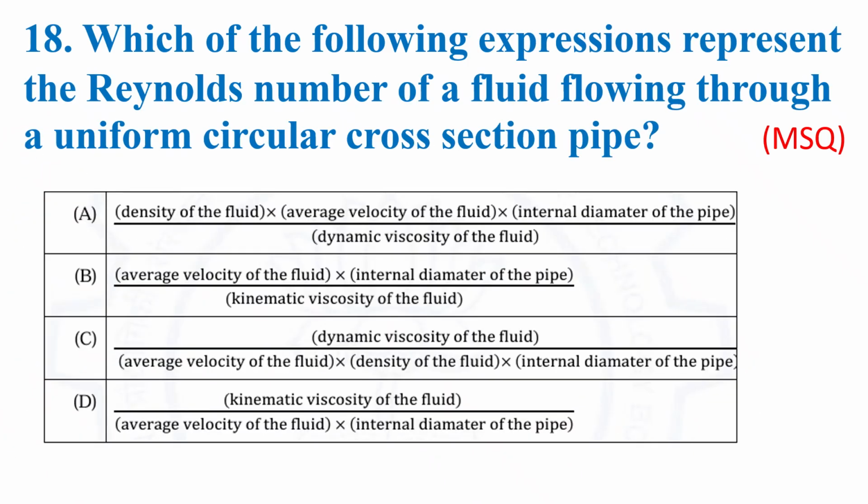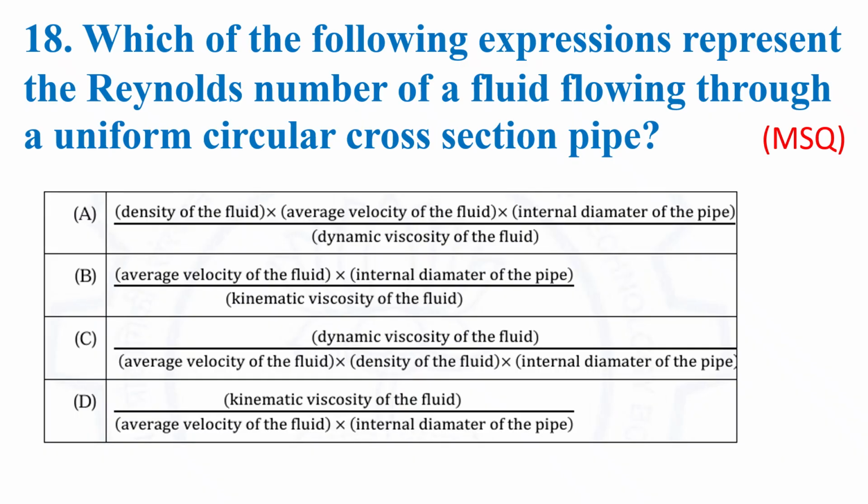Question number 18. Which of the following expressions represent the Reynolds number of a fluid flowing through a uniform circular cross-section pipe? So Reynolds number is basically a dimensionless quantity which is used to predict the flow pattern, that means whether it is a laminar flow or a turbulent type of flow in fluid dynamics.